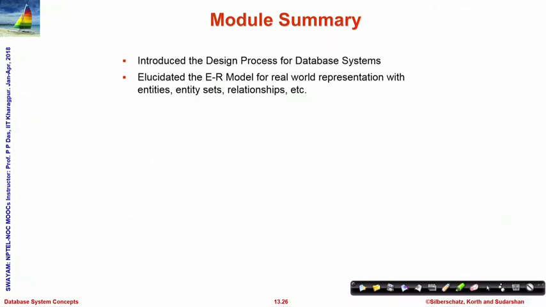So, this is the conceptual design that will lead to a more detailed logical design of how the relationships should be organized, what the cardinality is, what kind of attributes I have, whether simple or composite, whether certain attributes are derived or not.